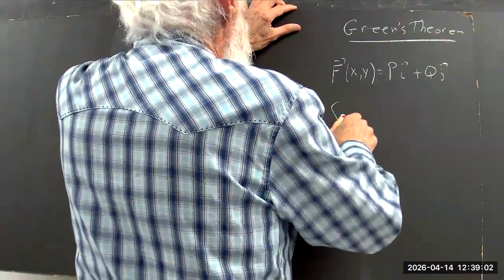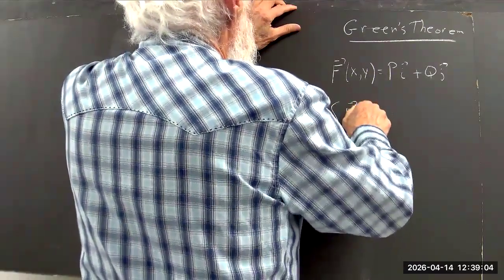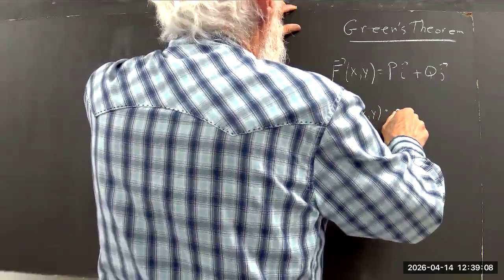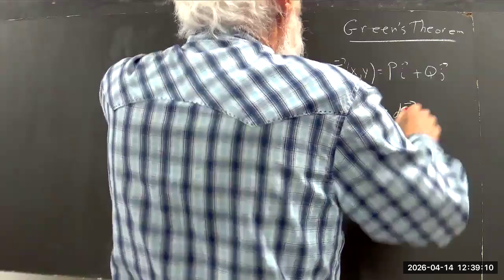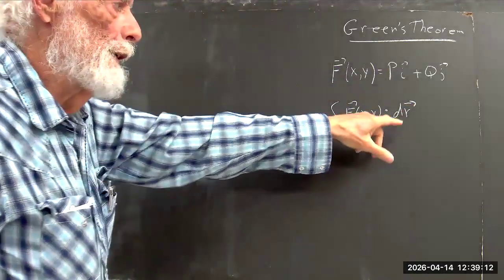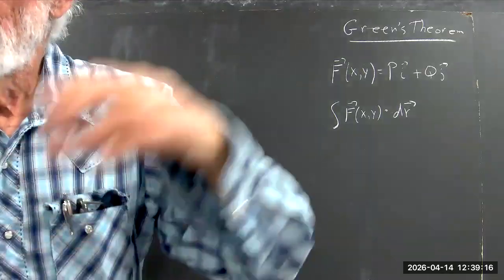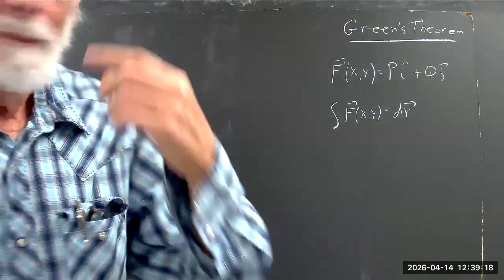The integral of f of x, y dot dr, where r is just x i plus y j, right?